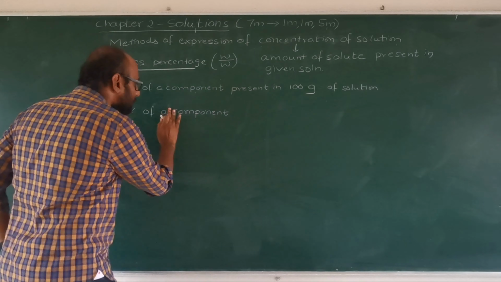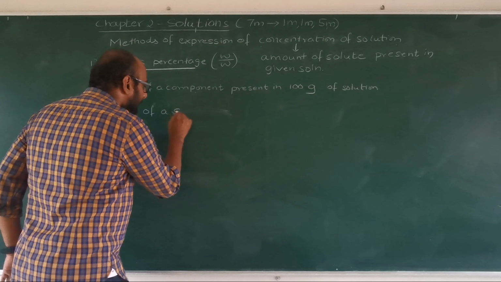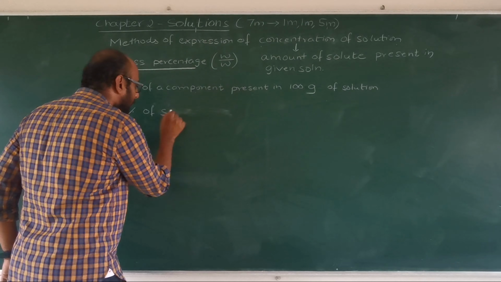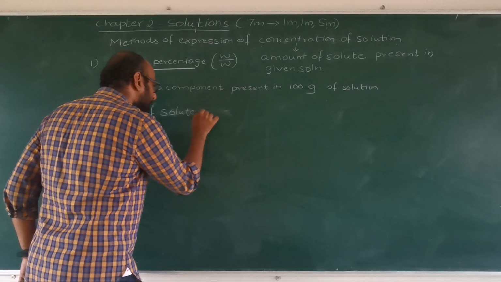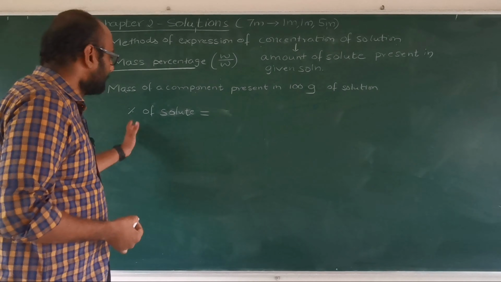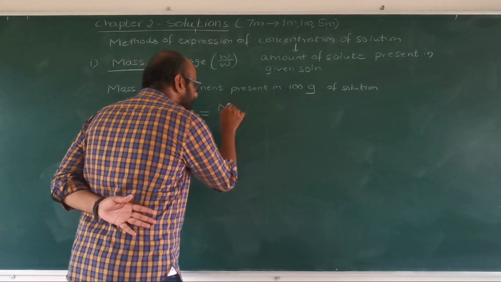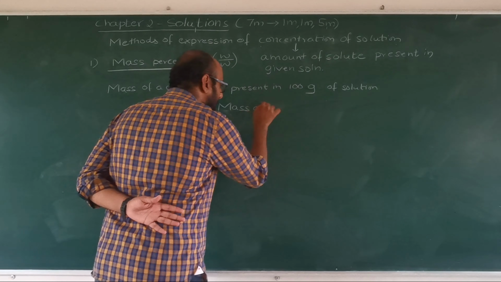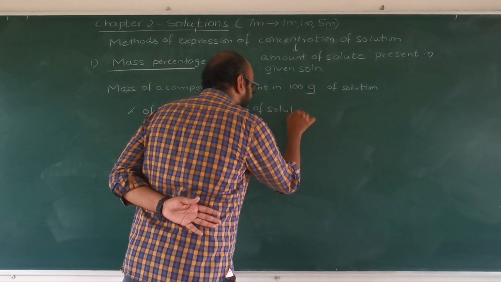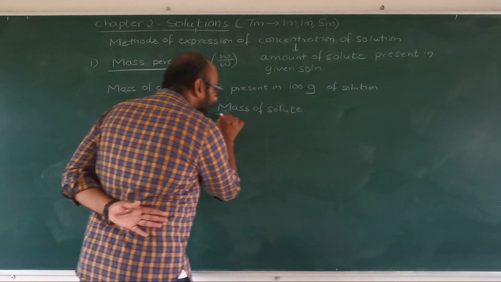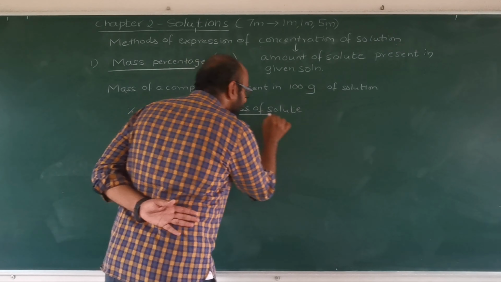First, let me take solute. How do you calculate mass percent of solute? Mass percent of solute is equal to mass of solute divided by total mass of solution multiplied by 100.